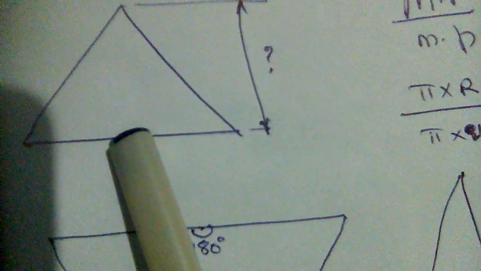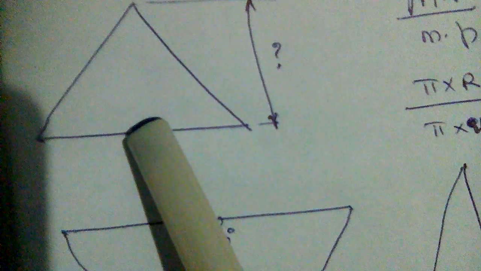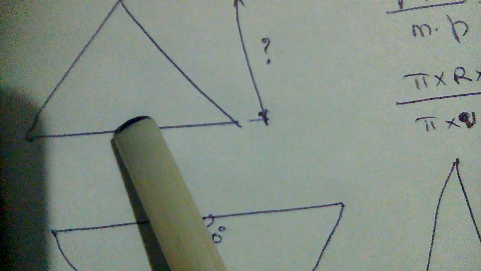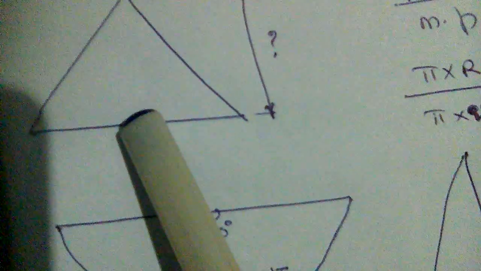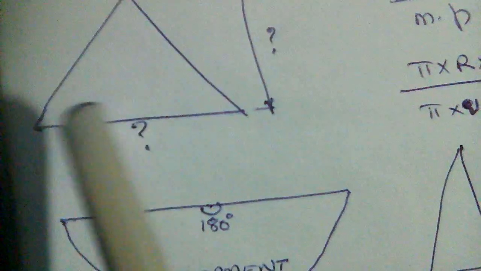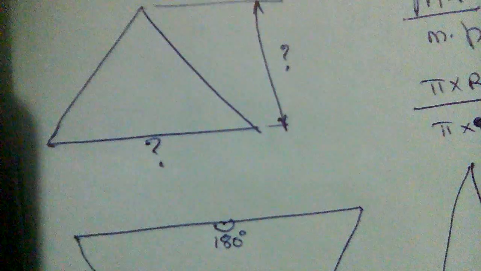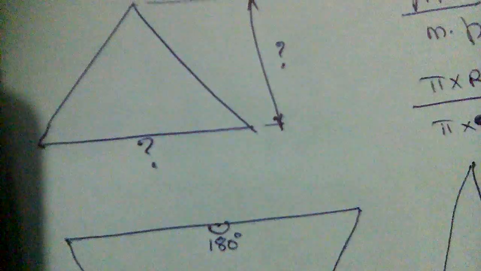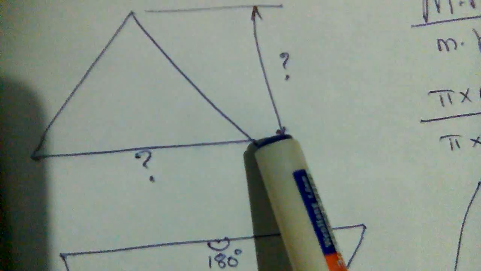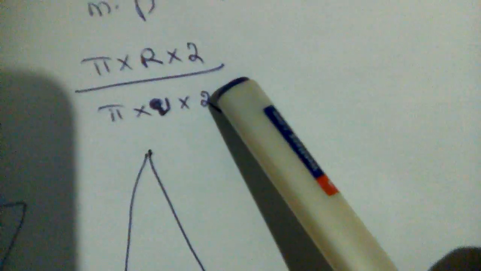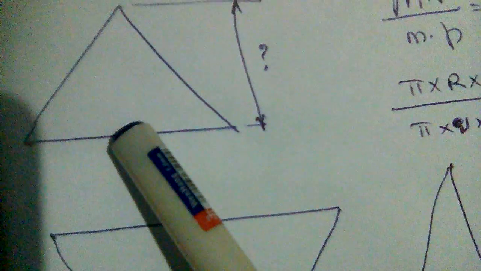Because the minor perimeter means that is the perimeter we have to roll, we have to bend. This is the diameter, it's a perimeter. We have to roll, we have to bend only. For finding out its perimeter, there also we use pi into r into 2. Here this r is from here to here only.